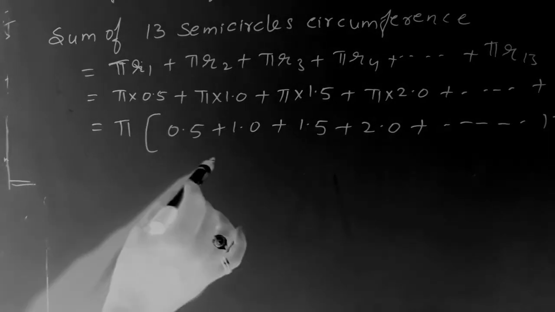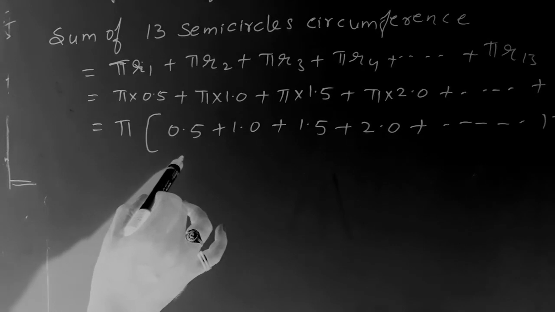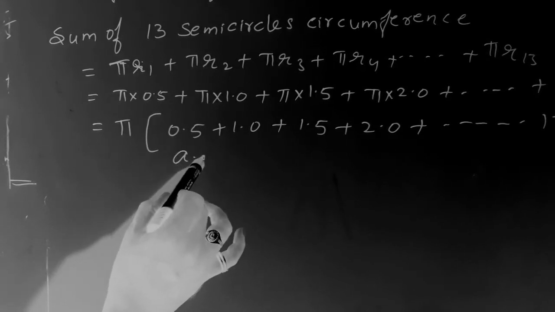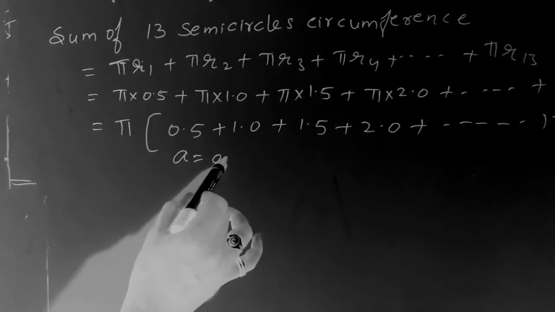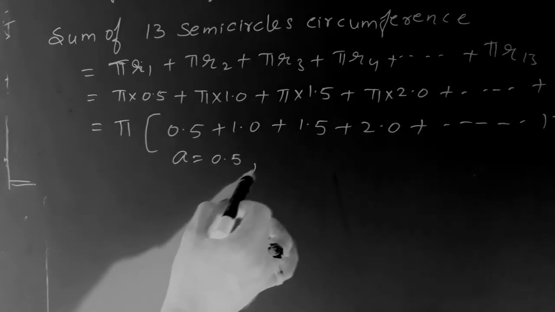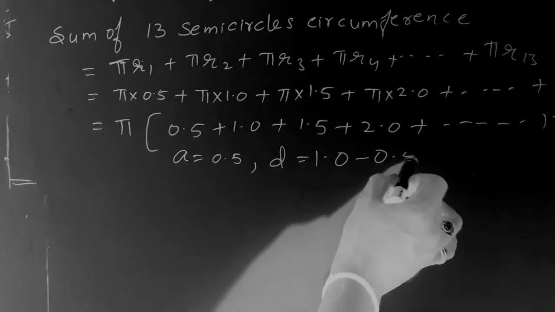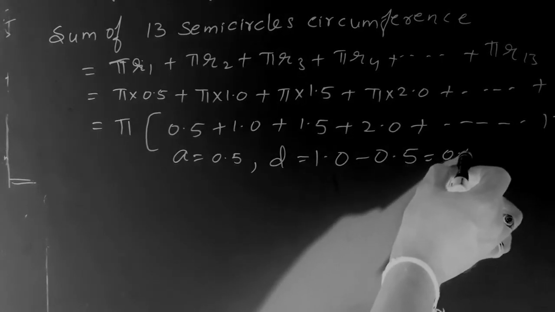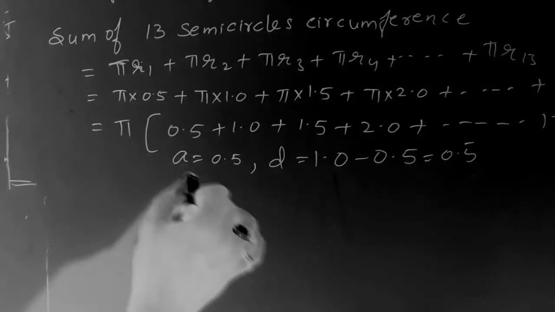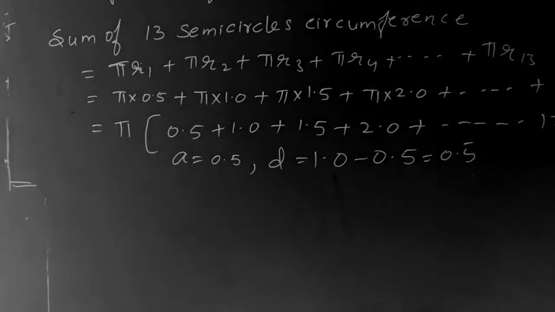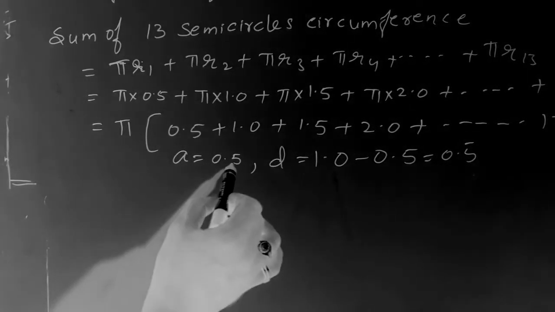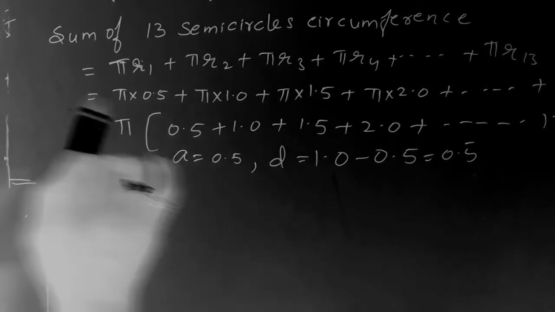The first term is 0.5, and the difference is 1.0 minus 0.5, again 0.5. You can write 0.5 as 1 by 2.